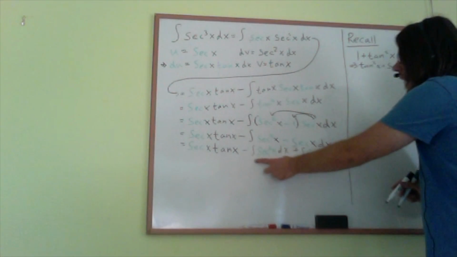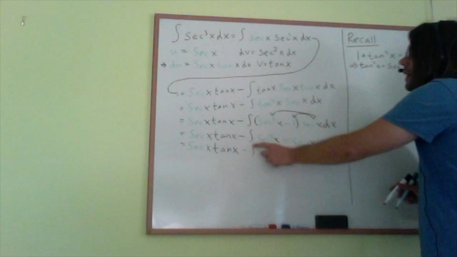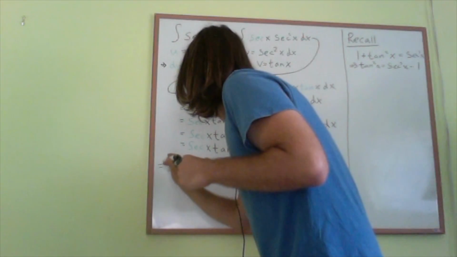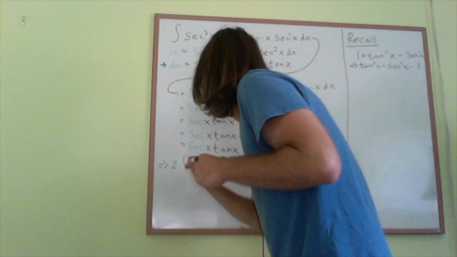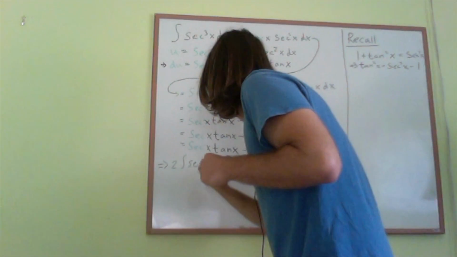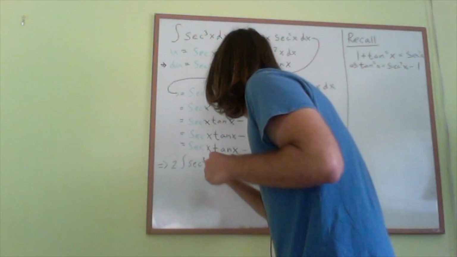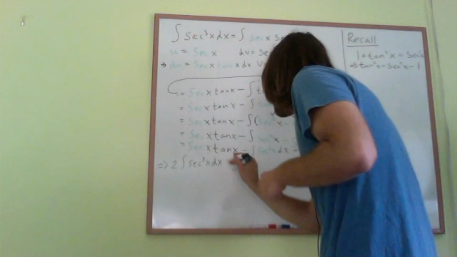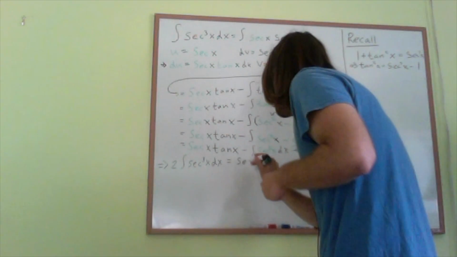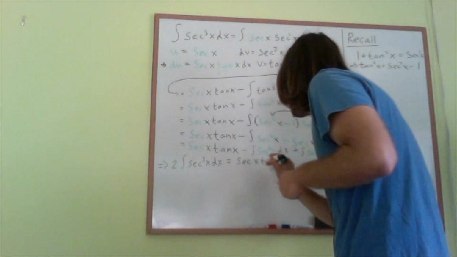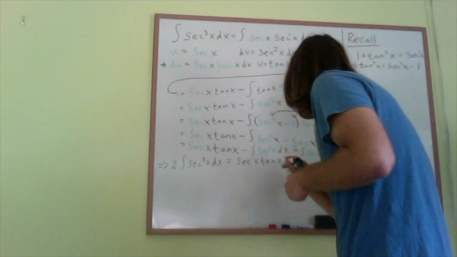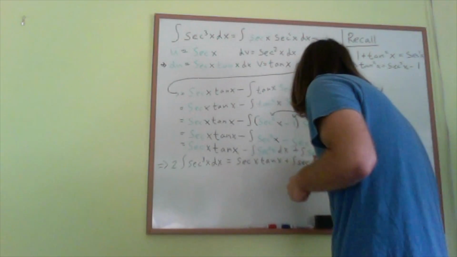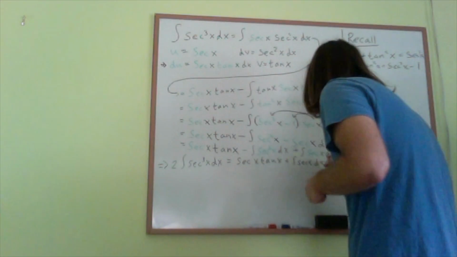Okay, so now we add this to the other side, and we get that 2 secant cubed of x dx is equal to secant x tangent x plus antiderivative of secant x dx.